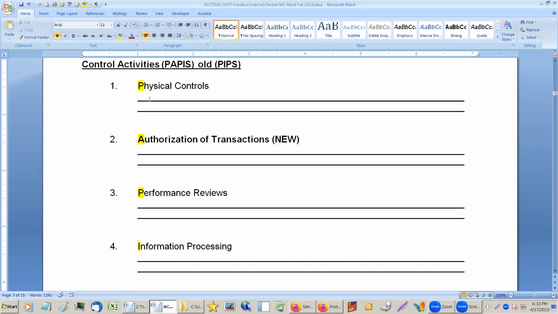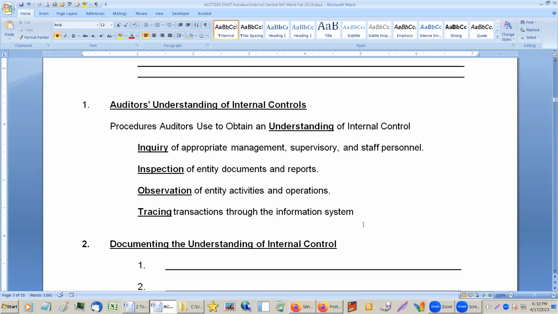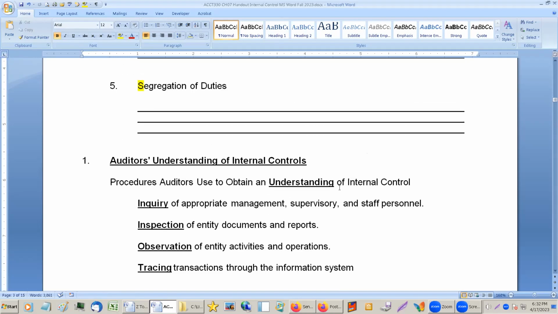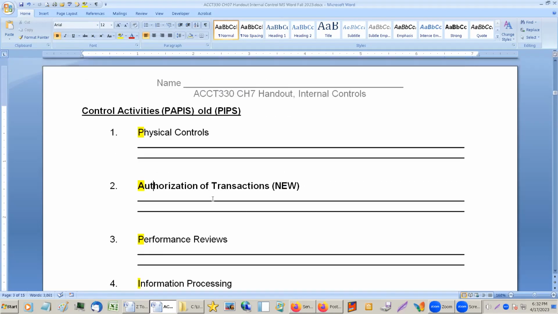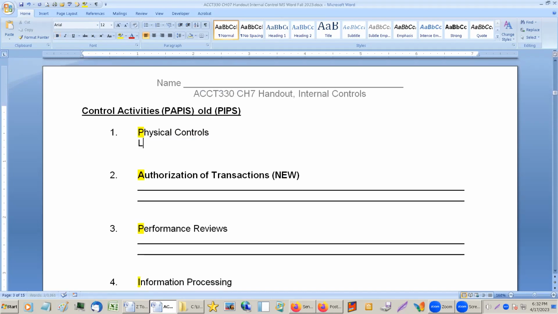Okay, so let's go through them. Physical controls. Locking the doors.